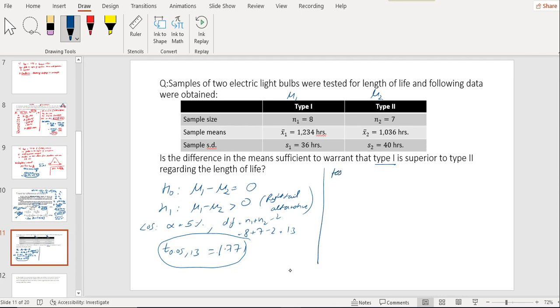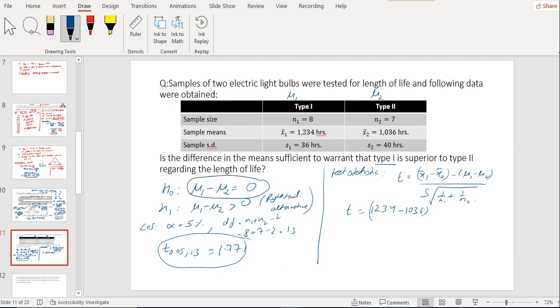So what is the test statistic? T is equal to x1 bar minus x2 bar minus (mu1 minus mu2), upon capital S times the square root of 1 upon n1 plus 1 upon n2. So what is x1 bar? X1 bar is 1234, x2 bar is 1036, and mu1 minus mu2 is 0, because that is our assumption.